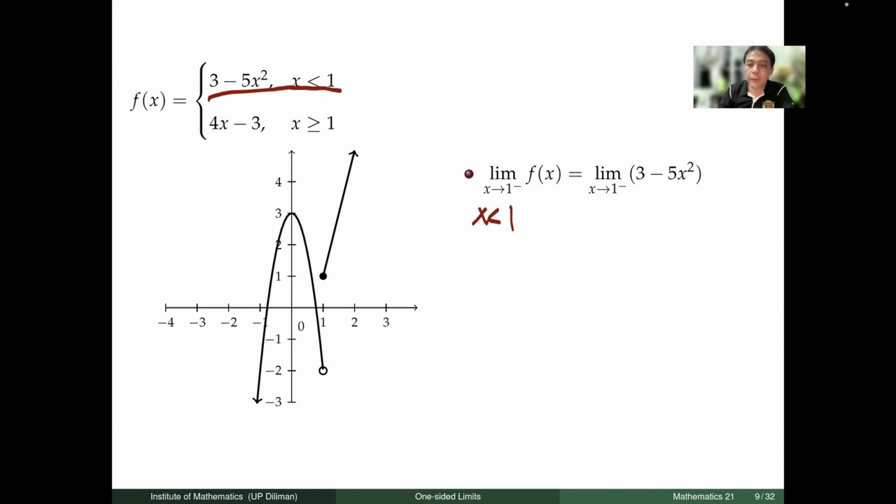So we have the limit of 3 minus 5x squared, and it's a polynomial. So you just replace the x by 1, and you get 3 minus 5 times 1 squared, and the answer is 3 minus 5, which is negative 2.